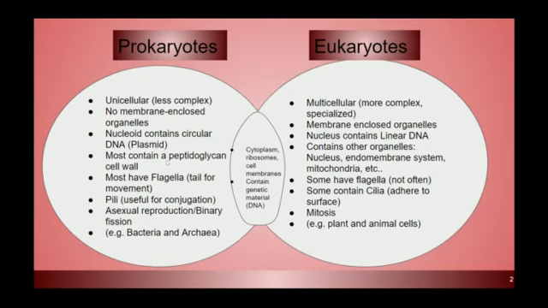So prokaryotes, most of them at least, have a peptidoglycan cell wall. And this is a sugar that makes up the cell wall and makes it more rigid. As opposed to a lot of eukaryotes, mainly animal cells that we're talking about here, that contain other organelles, such as the nucleus, the endomembrane system, which consists of the Golgi apparatus and the smooth and rough endoplasmic reticulum.